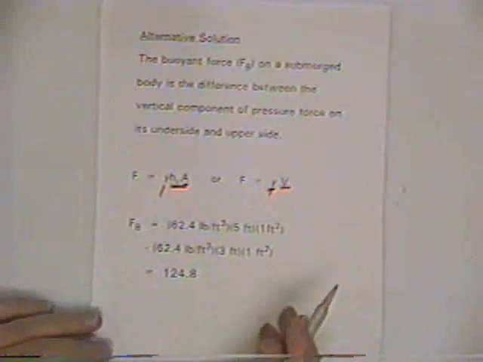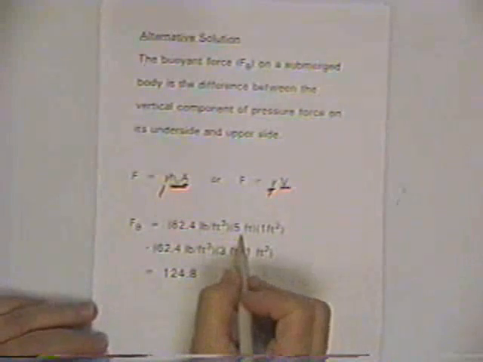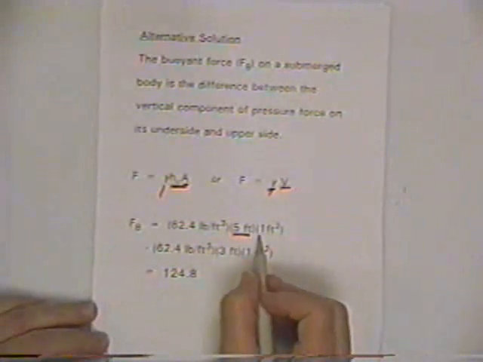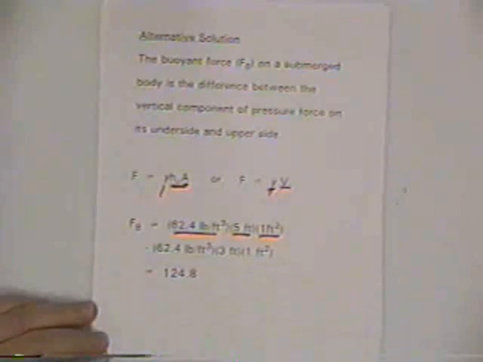And so to compute the buoyant force acting on the underside, it is 5 feet deep. There's 5 feet of head. We've got an area of 1 square foot. We've got a unit weight of 62.4 pounds per cubic foot.